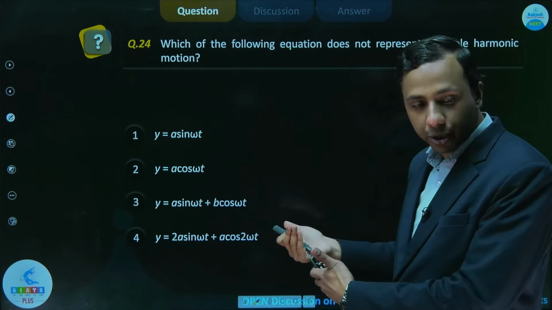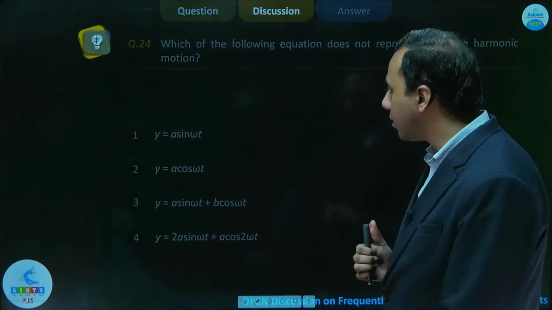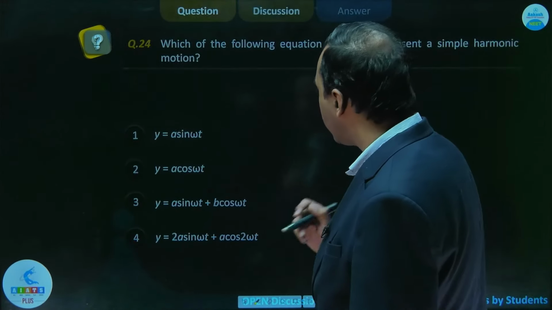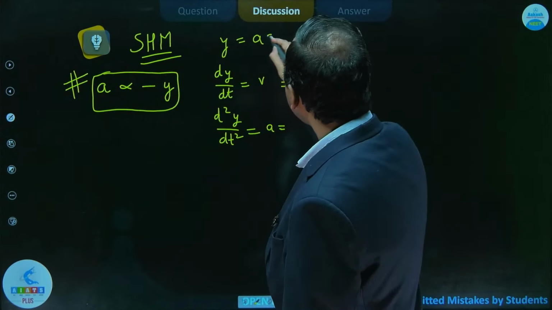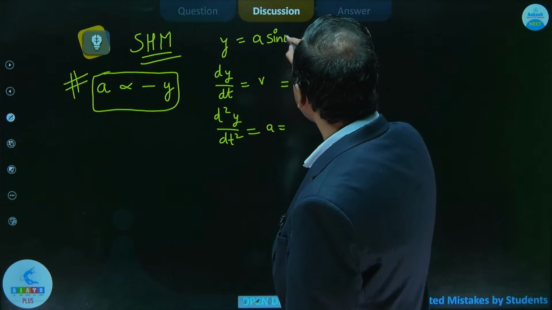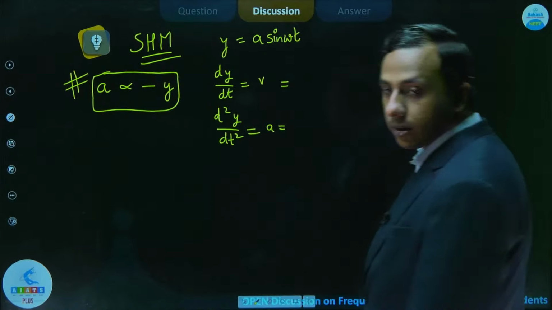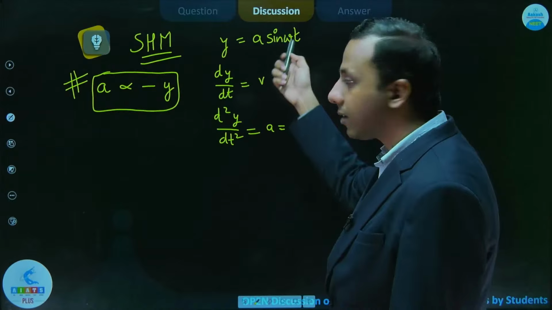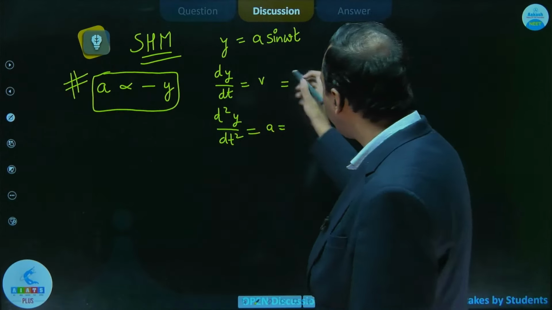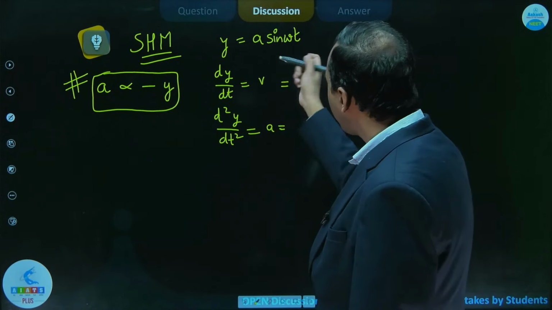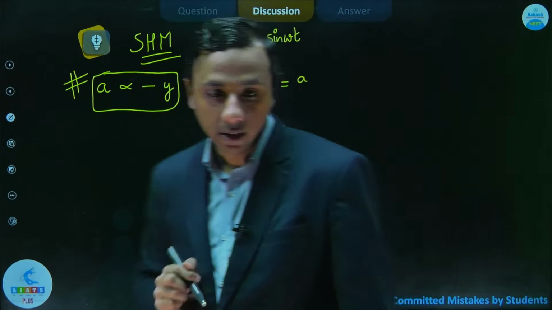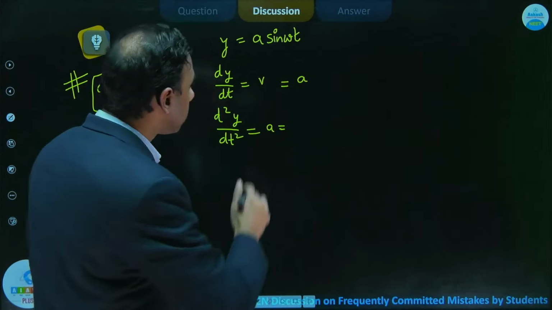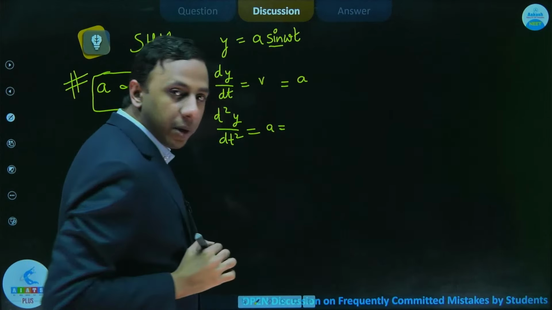You guys can check it on your own also, but let me show you also. So first option, a sin omega t. Let's write this one here. Differentiate it. How do we differentiate? Remember, a is a constant, the amplitude, so it remains outside. We are going to differentiate sine, so we apply the chain rule. Differentiation of sine will become cos.